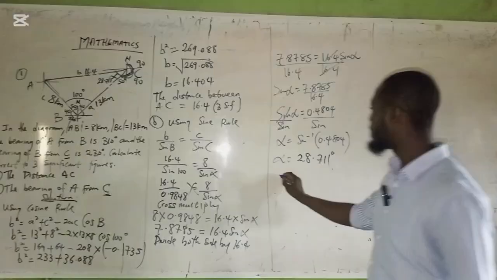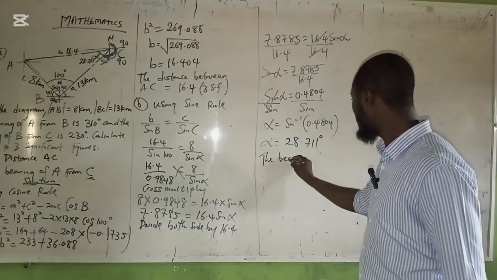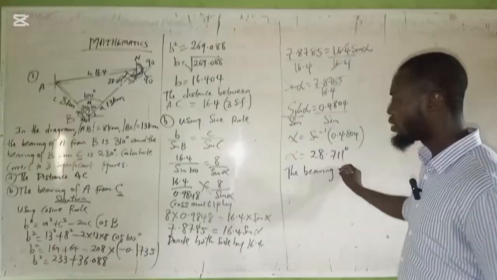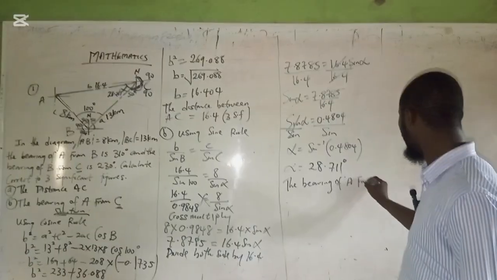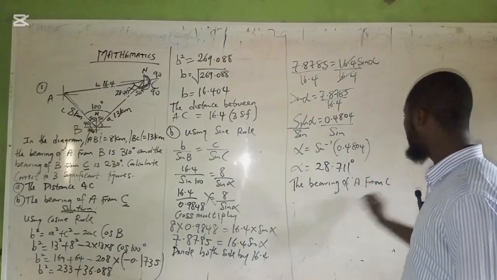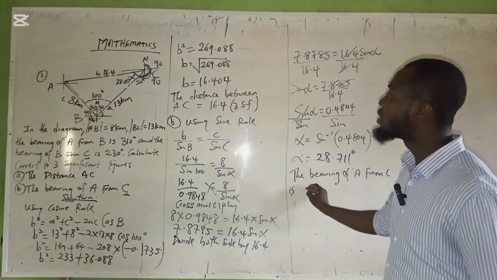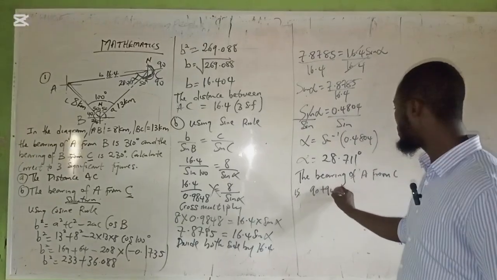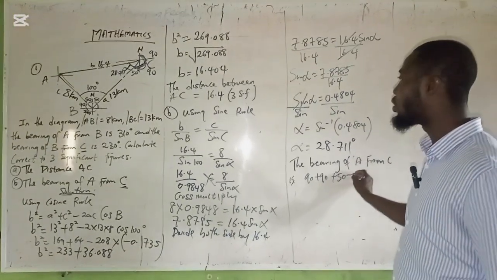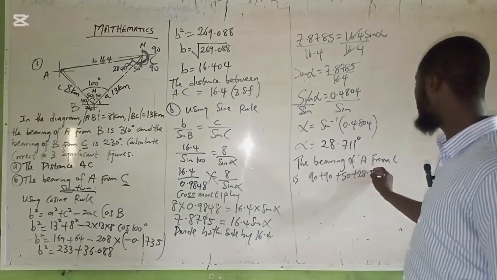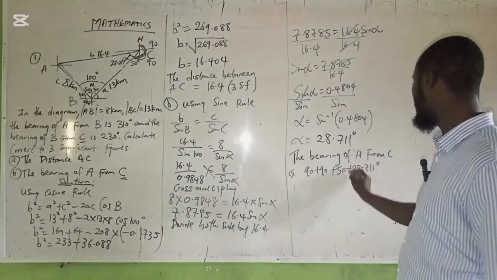So the bearing of A from C is 90 plus 90 plus 50 plus 28.711 degrees.